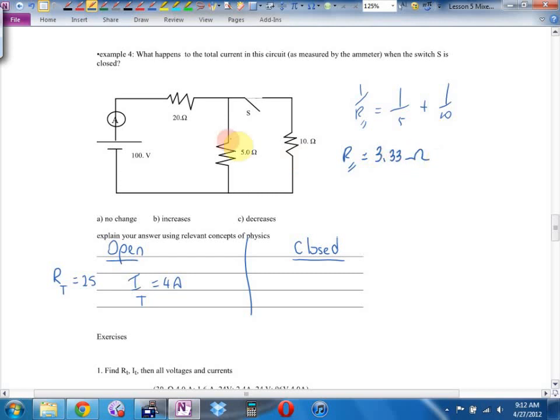If these are the same as 3.333, what can you tell me about the total resistance with the switch closed? What's our total now? Arvinder, 23.33, yes. What's the total current now?